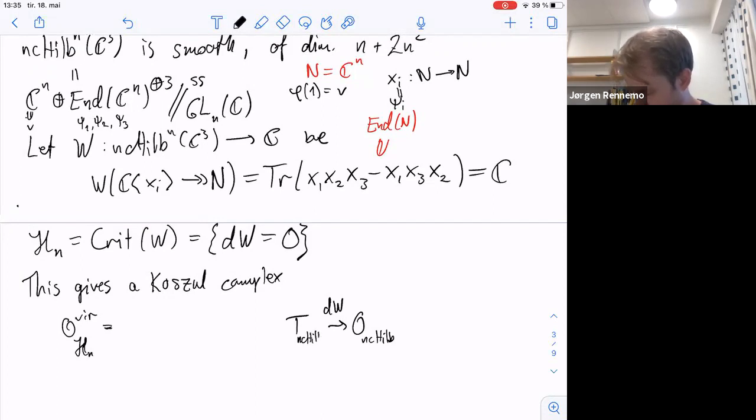The tangent space, and then wedge 2 of the tangent space. And then this stops at some point.